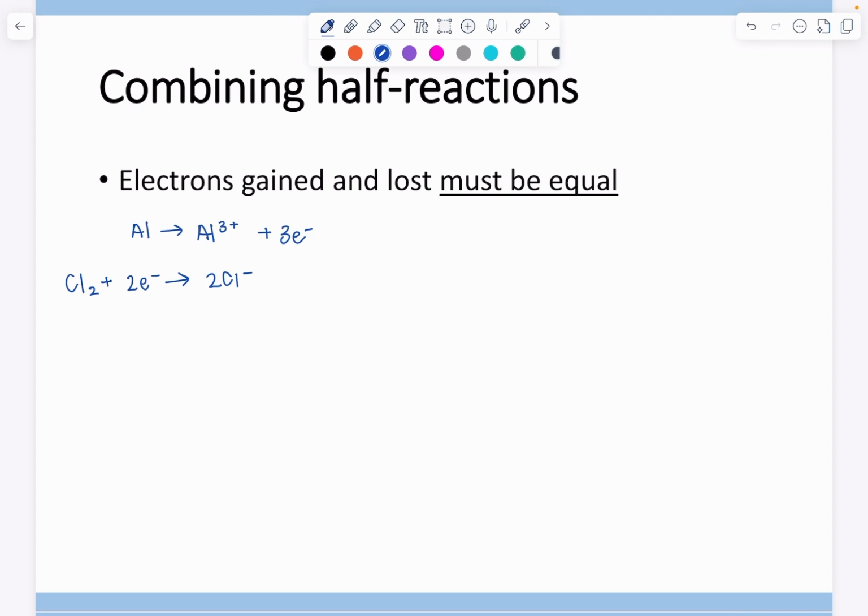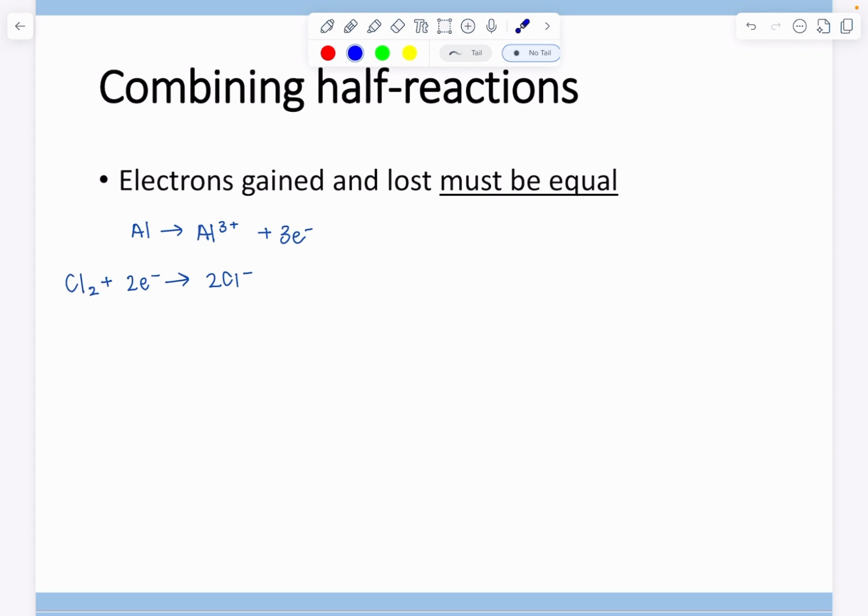Now, to get the overall redox reaction with electrons balanced, actually I'm not going to use this line yet. Electrons gained and lost have to be equal, and right now we have 3 lost but 2 gained. So this is not a balanced redox reaction if we were to just add it as is.